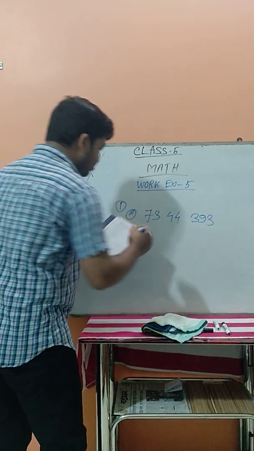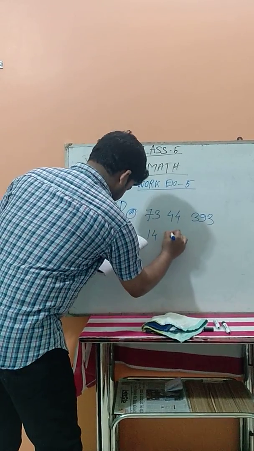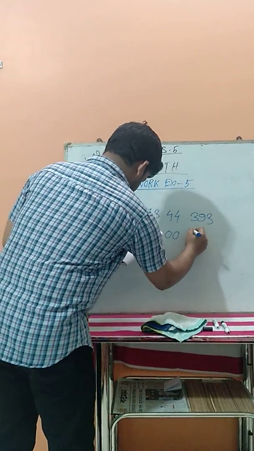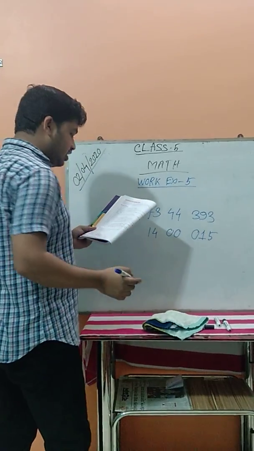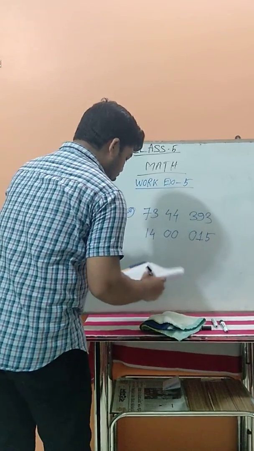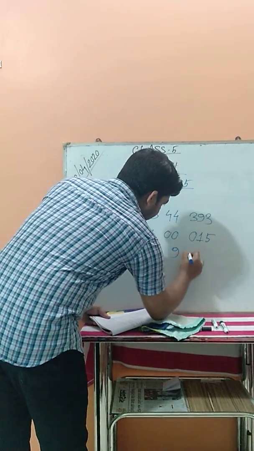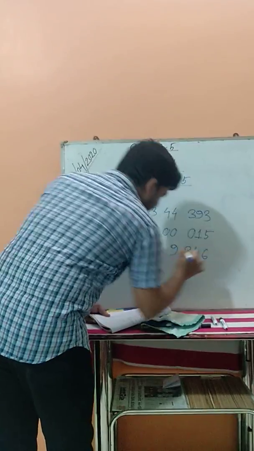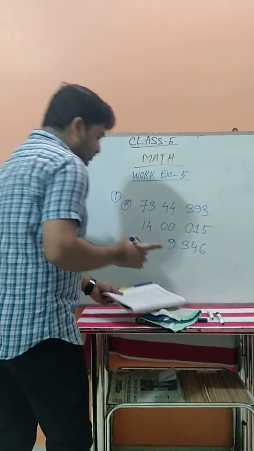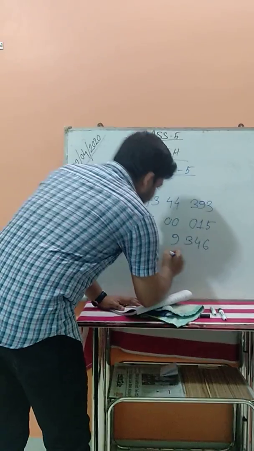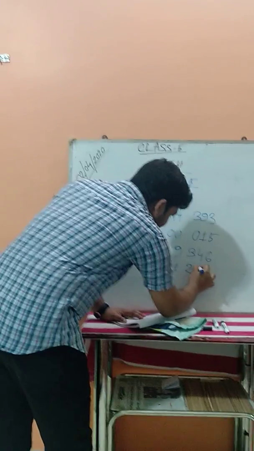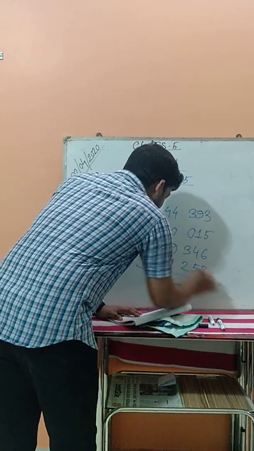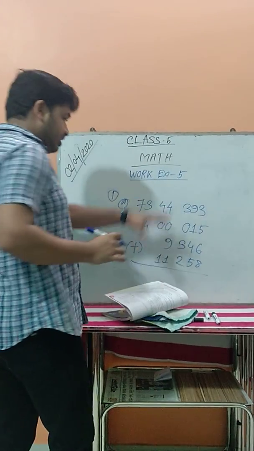See the second one, 14,0,0,15. Now see the third one, 9,3,4,6. Now the next one, 11,258. Now I arrange it in a proper way.